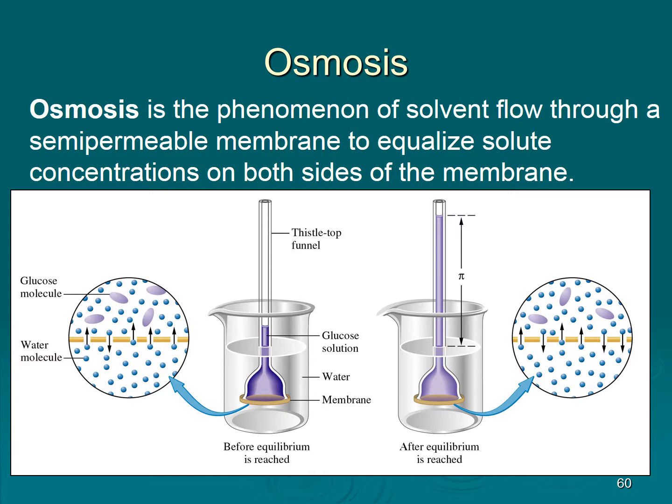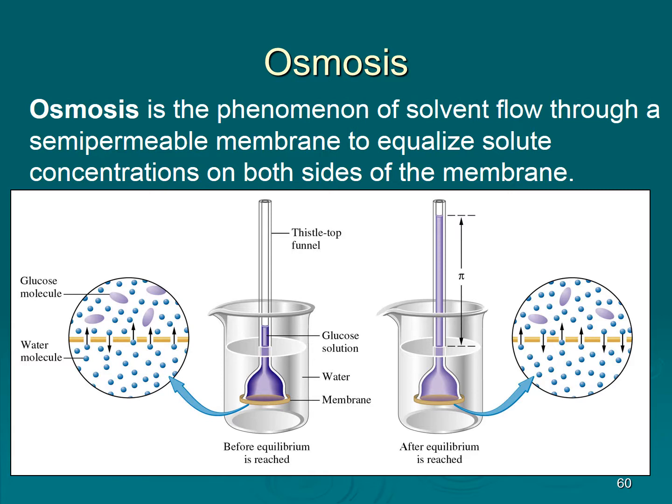You can see on the right-hand side that the water has passed through and diluted it down, and the height of the solution has risen. We've added more water, so the volume has increased.